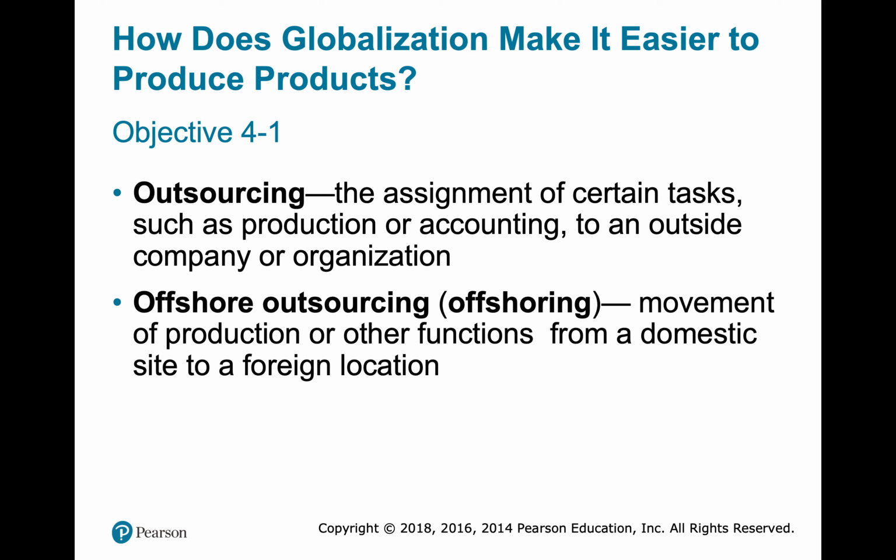So let me give you an example because there is a very big difference between these two things. We were just talking about Ford. Let's say that Ford had a manufacturing and production facility that assembled its vehicles in the US.